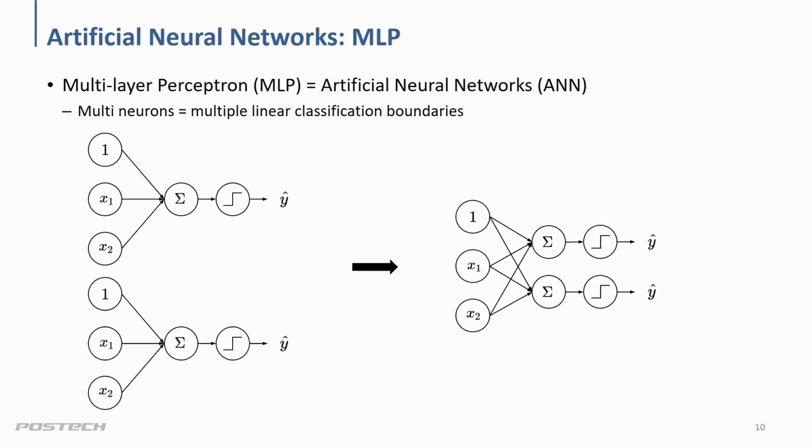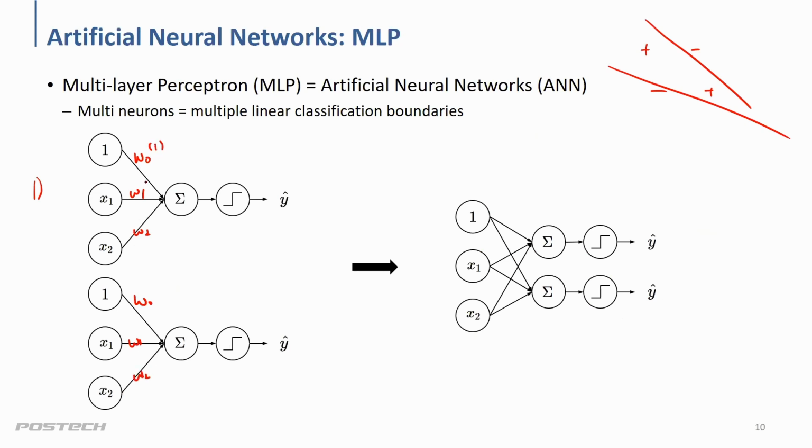So instead of having one neuron, now we want to add more, because in this case we know that we need 2 layers or 2 hyperplanes. We have zeros and 1 and 2, and zeros and 1 and 2.